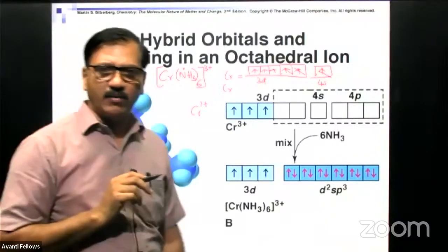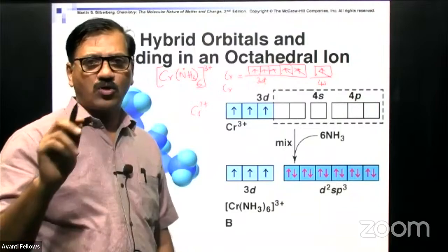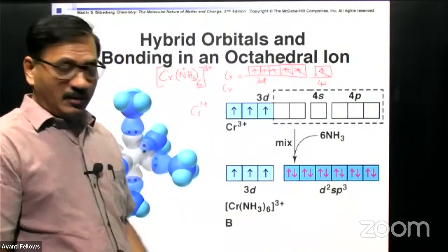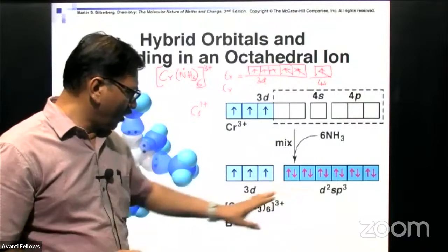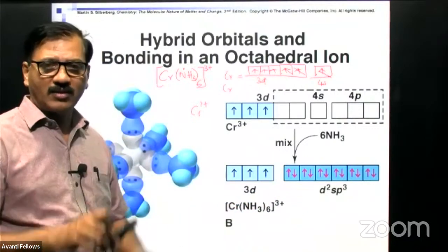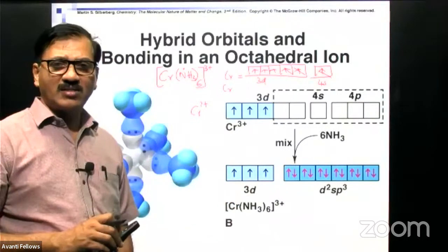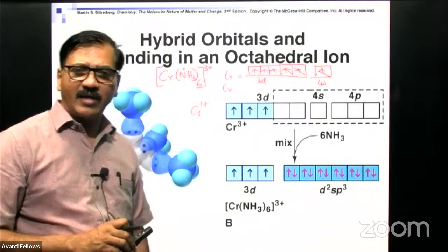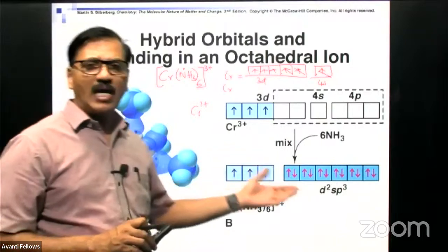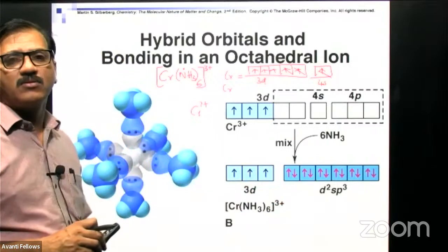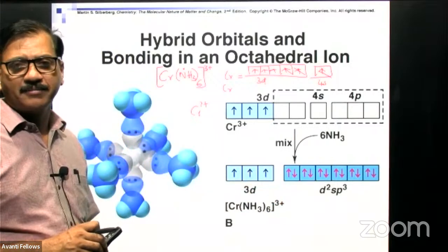So this is how the electronic configuration of the complex looks. The plus point of this theory is that it tells about the hybridization concept, and thereby it tells about the geometry of the polyhedra authentically.